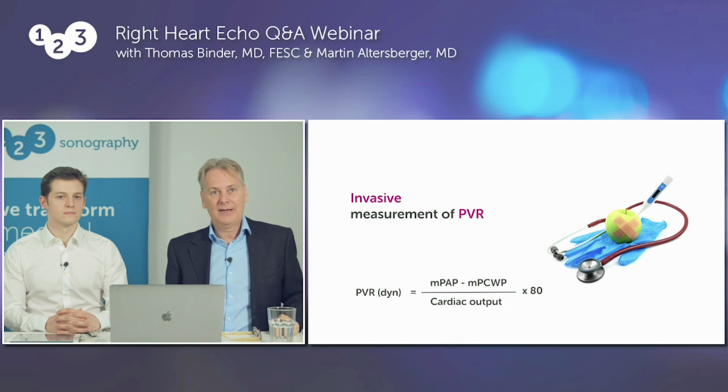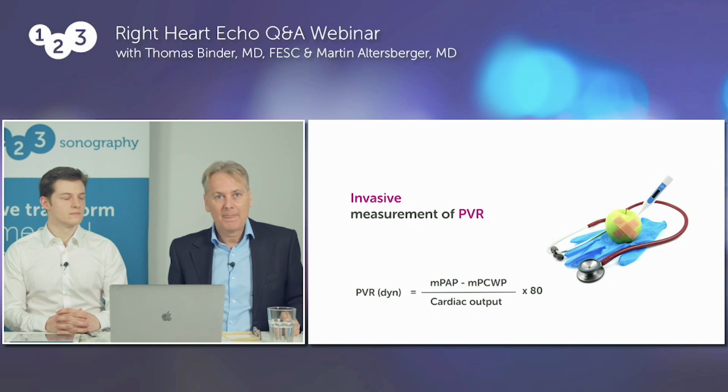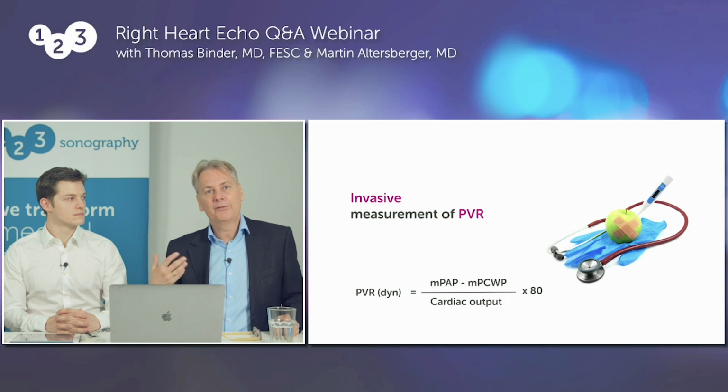If you have, for example, a patient who has a normal pulmonary vascular resistance, but pulmonary hypertension, then the elevation of pressure is due to a problem of the left heart.